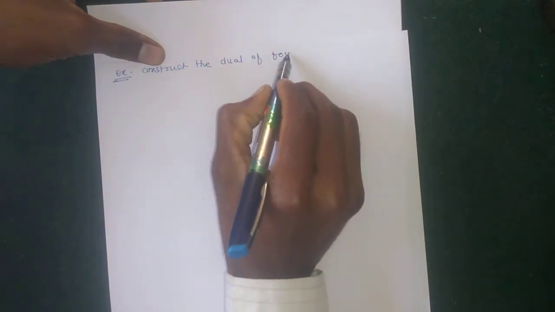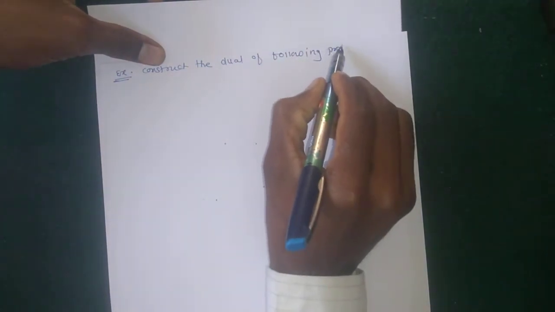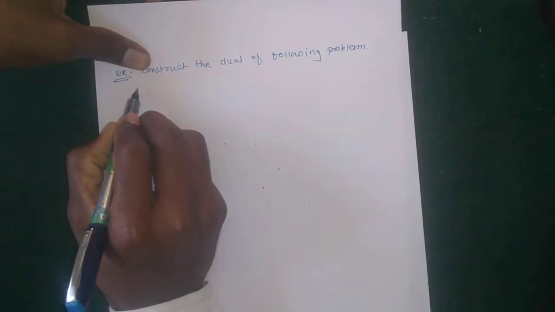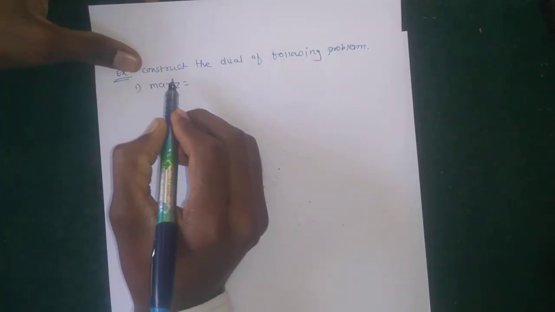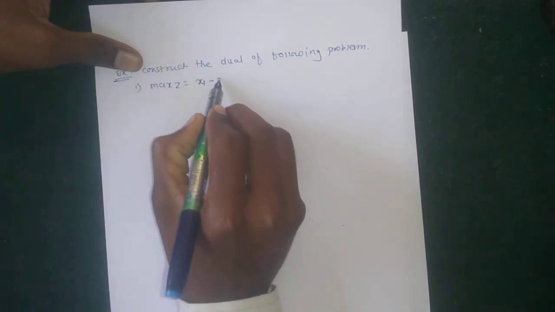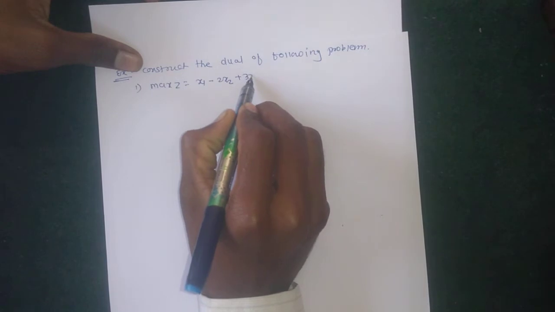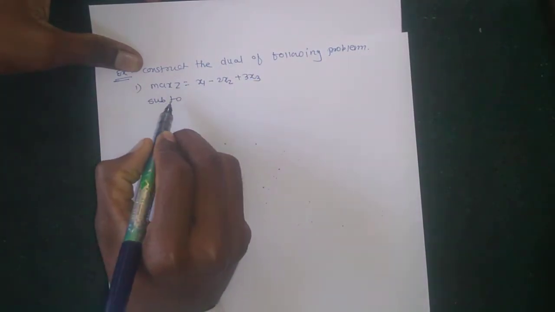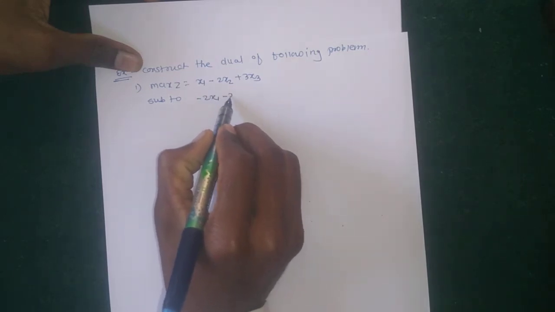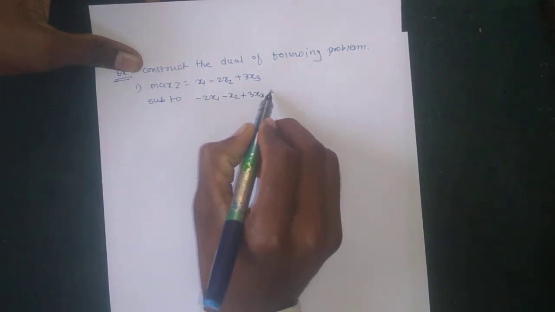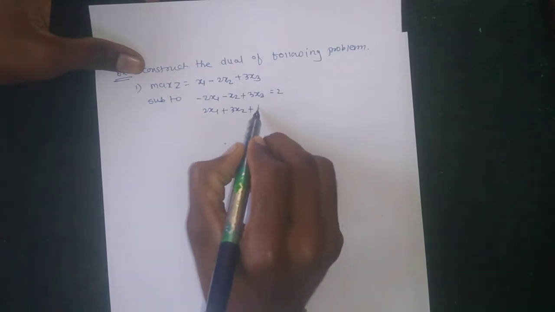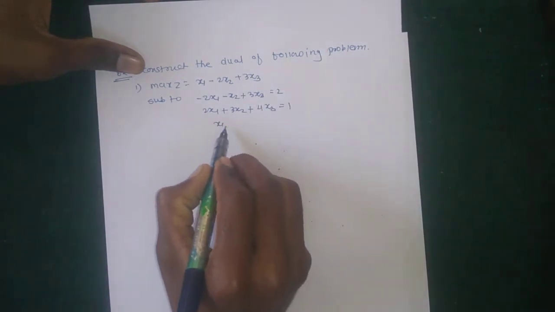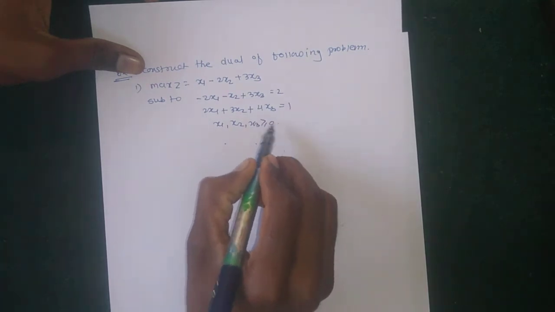Maximize z equals x1 minus 2x2 plus 3x3, subject to minus 2x1 minus x2 plus 3x3 equal to 2, and 2x1 plus 3x2 plus 4x3 equal to 1, and x1, x2, x3 are greater than or equal to 0.